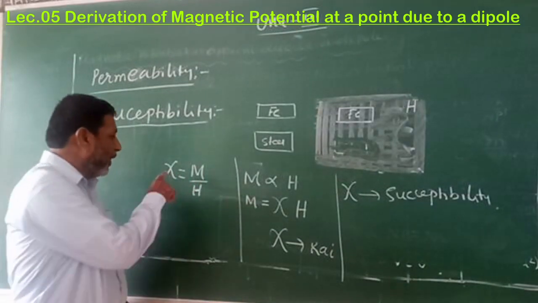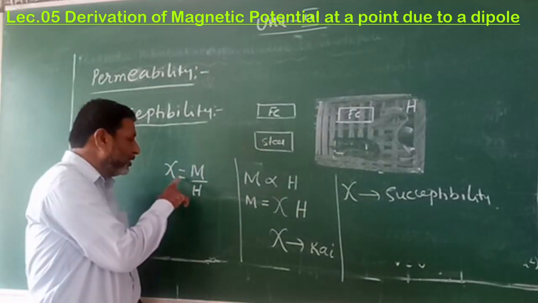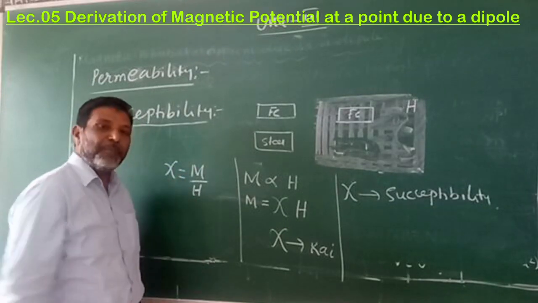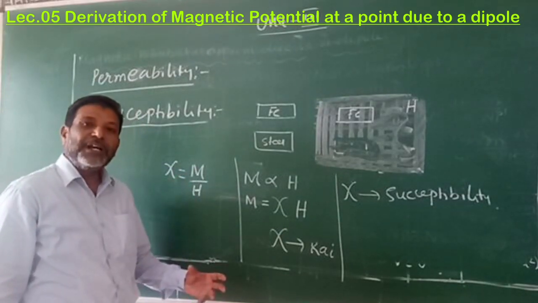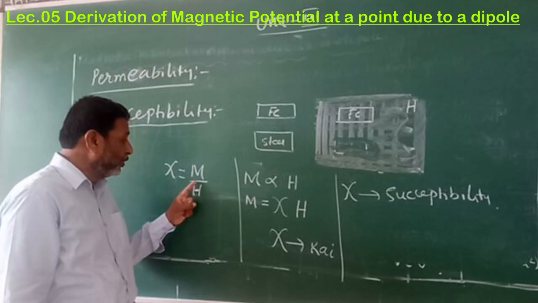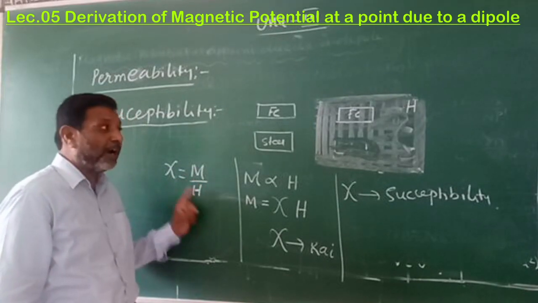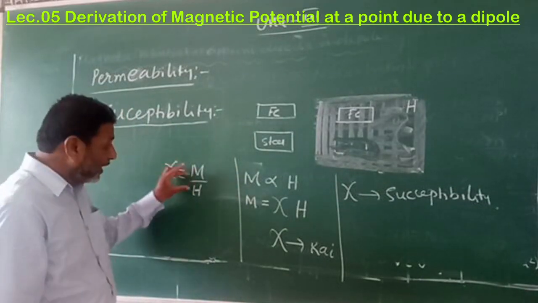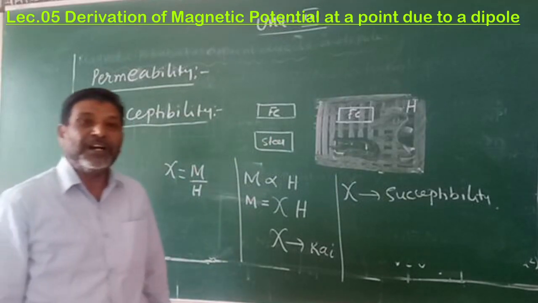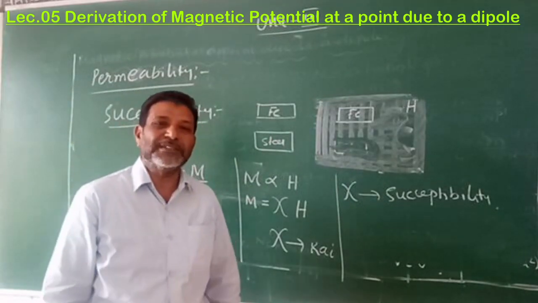Once again, the susceptibility of a material is equal to the ratio of the magnetic moment gained by the material to the intensity of the applied field. That is a constant, and that constant is called the susceptibility.